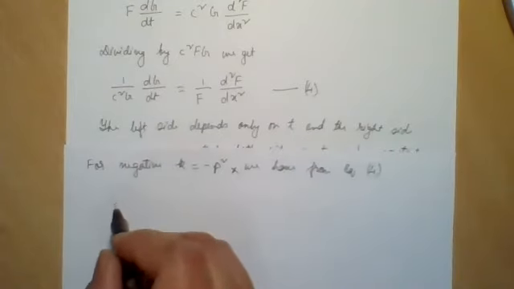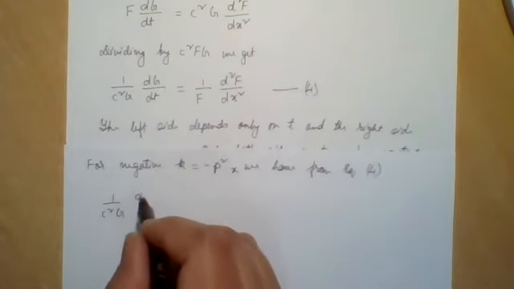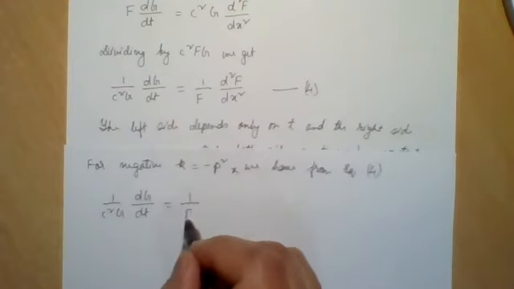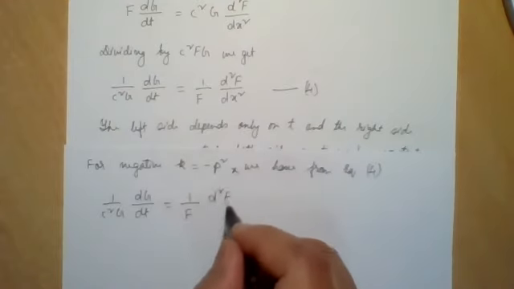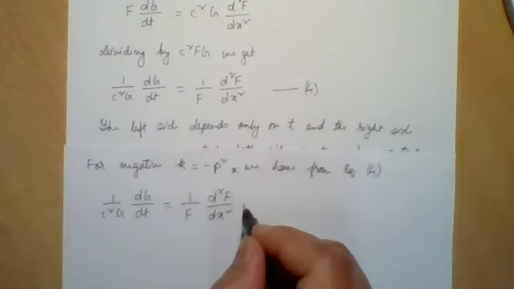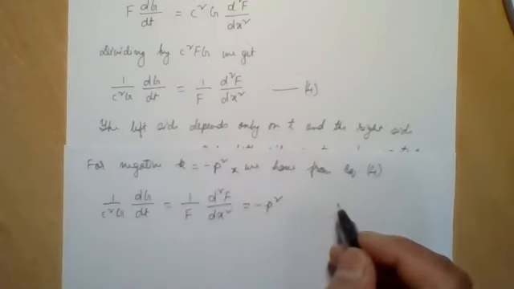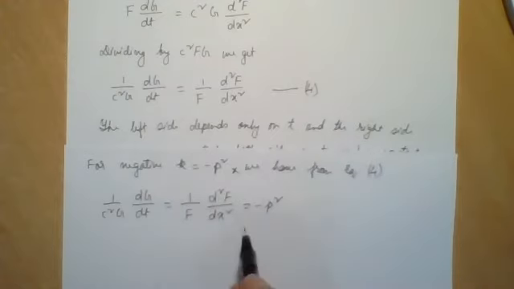We have 1 by c square g dg by dt is equal to 1 by f d2f by dx square. This is equal to minus p square. From this we can obtain two ordinary differential equations.